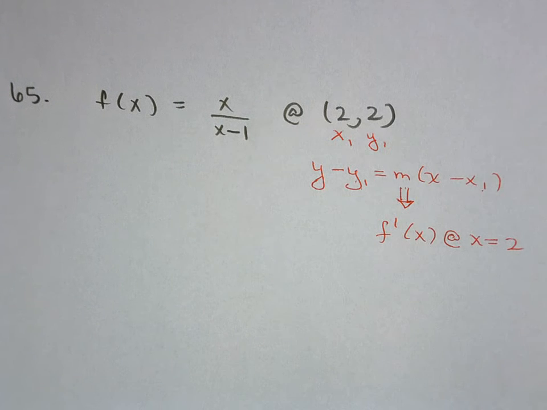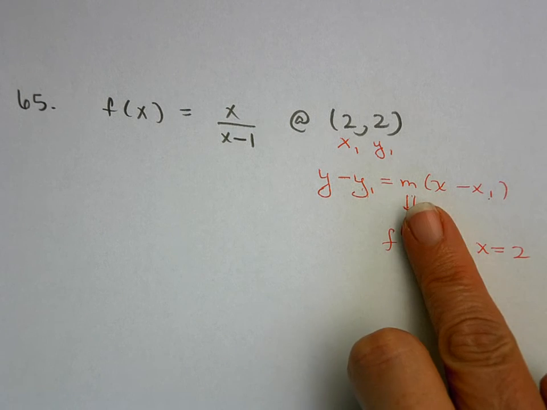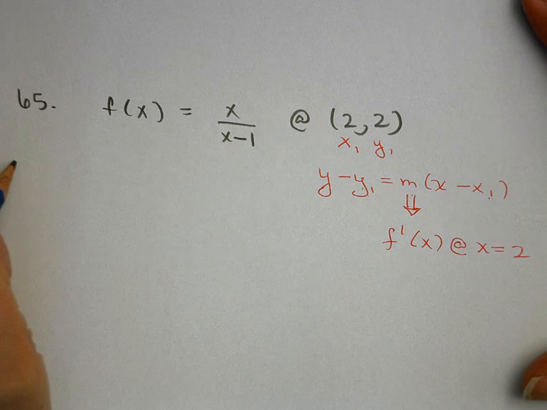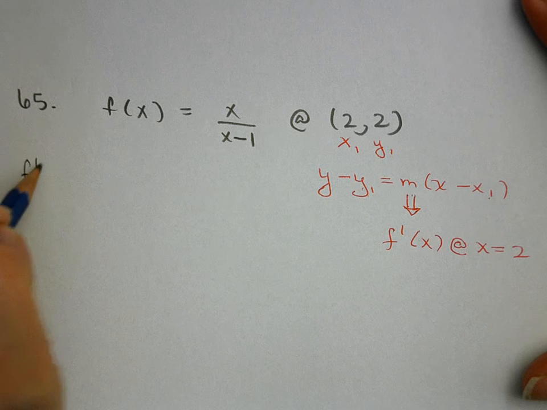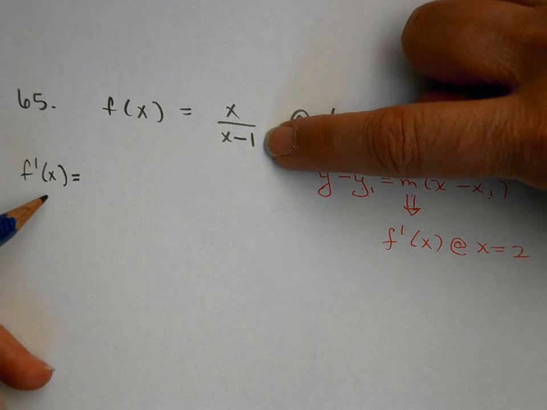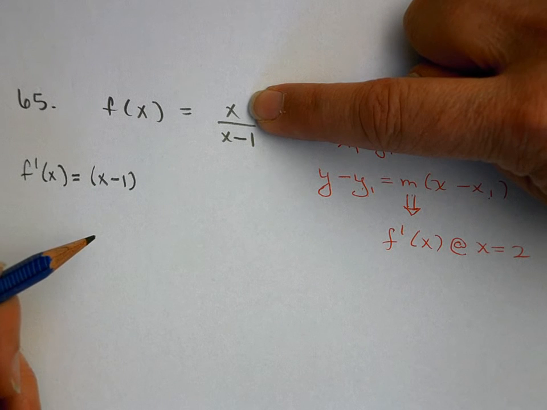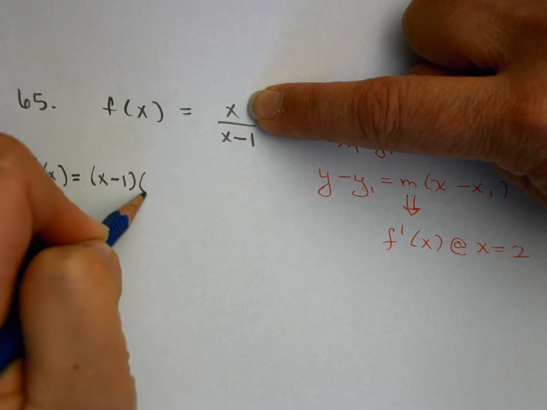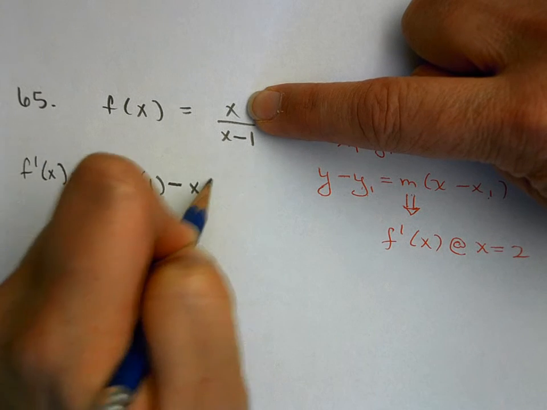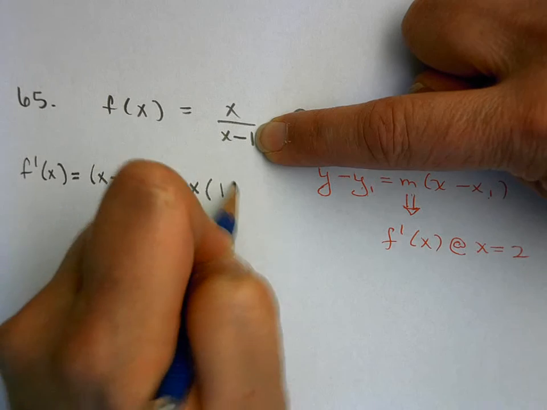Okay? So I already have my x1, y1, so the only thing left for me to do is find my slope. So to do that, I'm going to find my derivative. So I'm going to find f prime first. And so quotient rule, so low, my original denominator, D high, so the derivative of x is 1, minus my numerator, and then the derivative of my denominator, which is just 1.